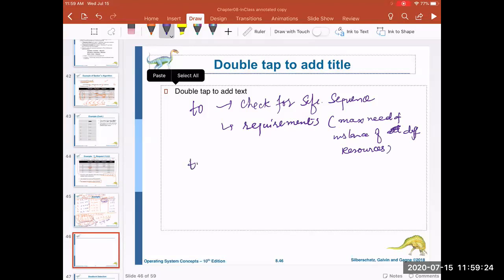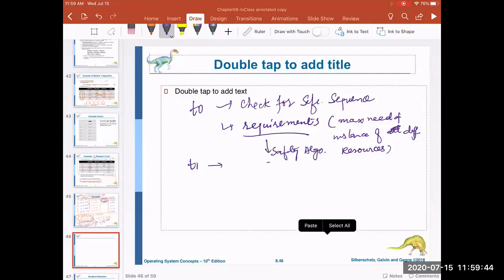Let us suppose at time 1, whenever we are adding a thread and it makes a request, we allocate that request, and based on that request we run the safety algorithm. If this request from a new thread creates a safe sequence or safe state for our computer system, then it will be allocated, otherwise it will not.